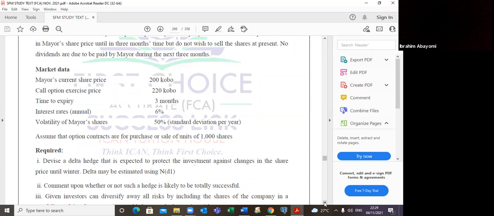Assume that option contracts are for purchase or sale of units of 1,000 shares. Devise a delta hedge that is expected to protect the investment against changes in the share price until winter. Delta may be estimated using ND1.